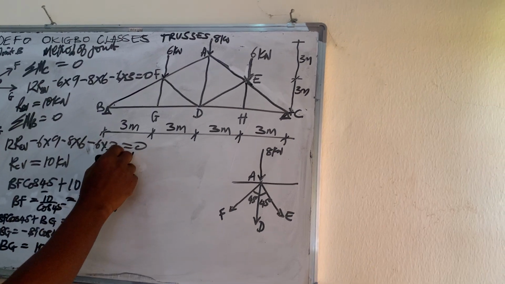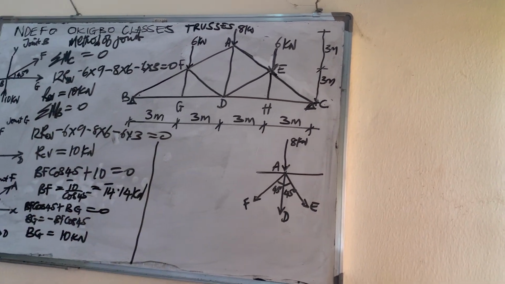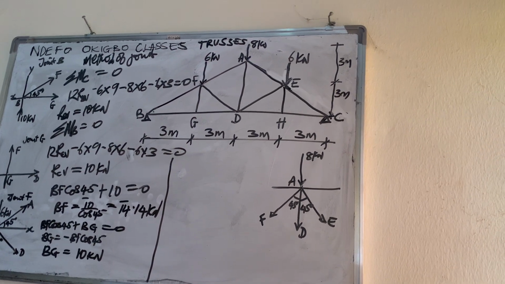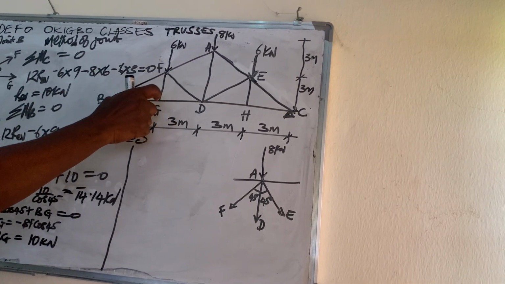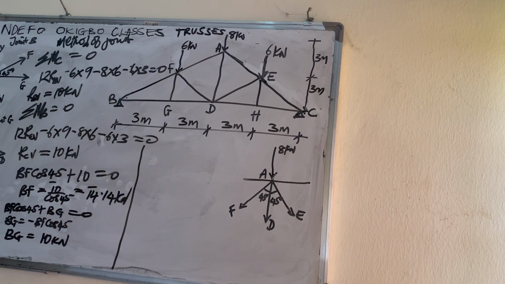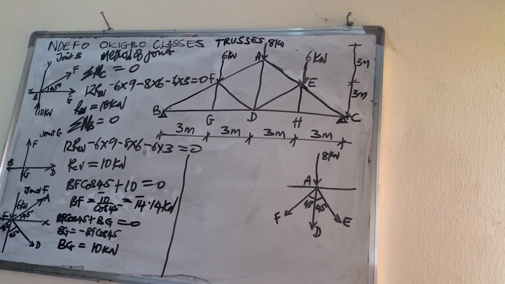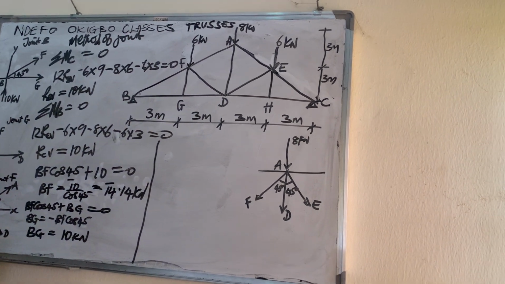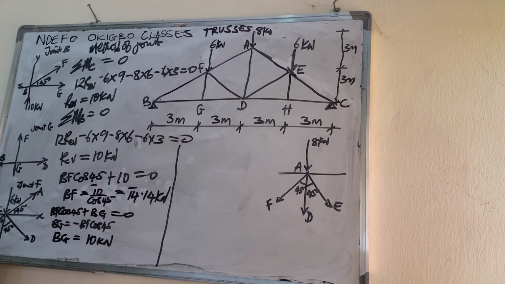So the next one I need to get the forces in now is that I move to joint G. I look at it vertically. You will see that BGF is already vertical, so it doesn't need any resolution.